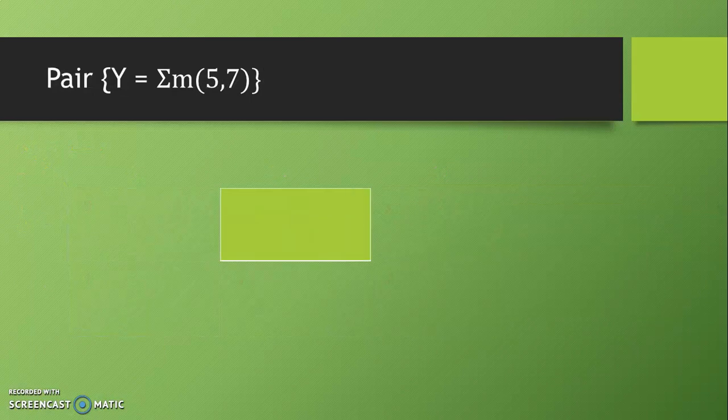Suppose we take another example, for a pair. The Boolean function given is y is equal to summation m 5, 7. Summation m is the SOP form, small m is a minterm, and 5 and 7 are the decimal equivalent numbers in which we have high output. Again with 3 variables we prepare our K-map with 8 cells.